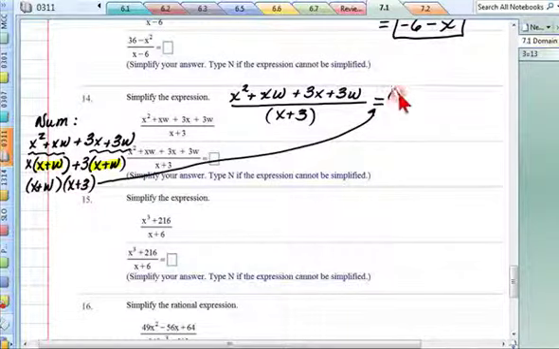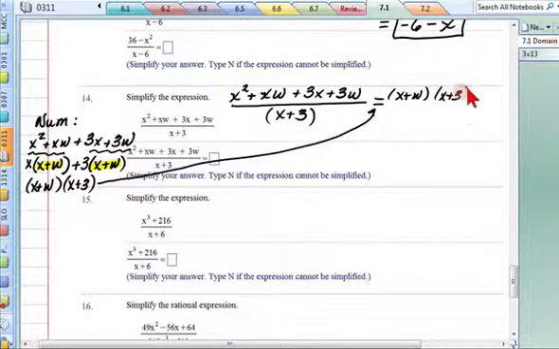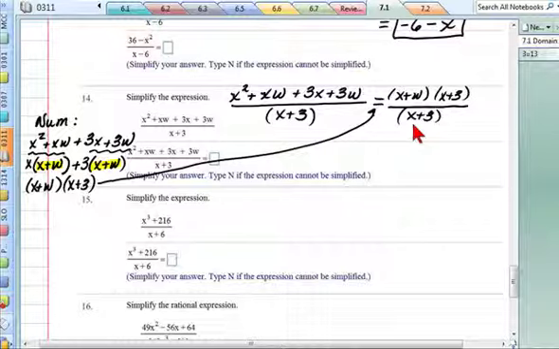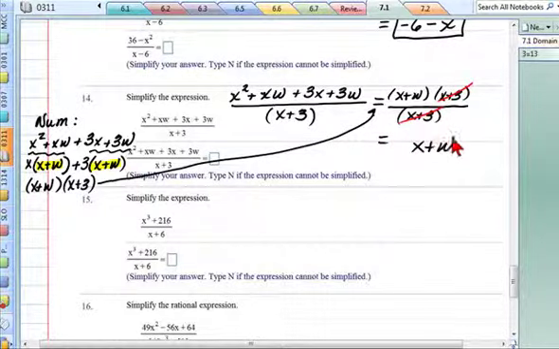The numerator is x plus w times x plus 3 over x plus 3. Do you see a common factor? Yep. The x plus 3's divide out, and what are you left with? X plus w. Probably would not see parentheses, definitely would not see the denominator of an implied 1. There is a 1 on the bottom. You don't write denominators of 1.